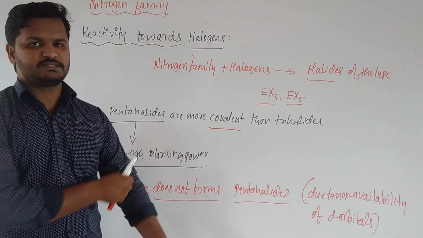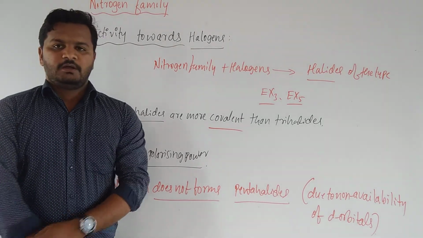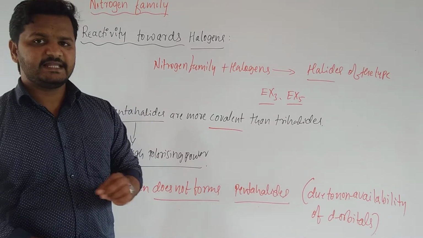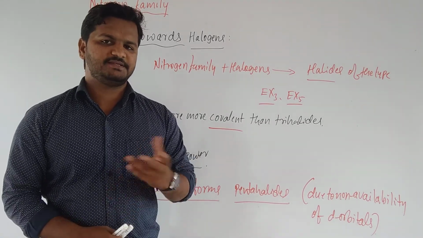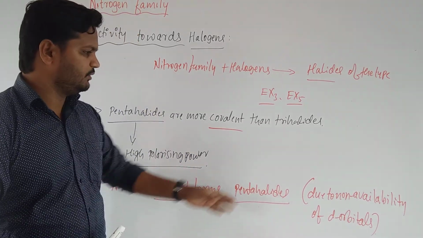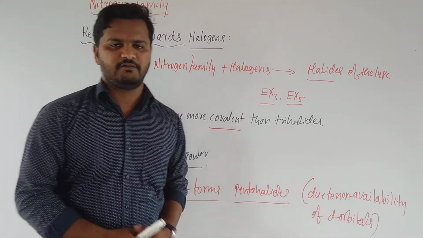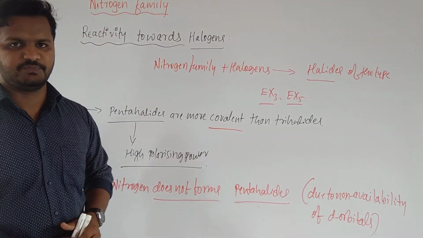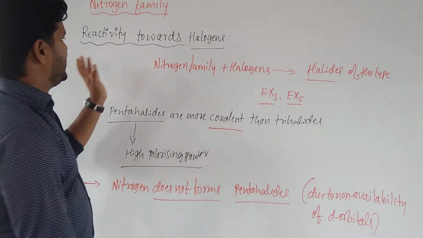Here, one important question arises. NCl3 is known, but NCl5 is not known. Why? Because of the absence of d orbitals in nitrogen. Okay, students.